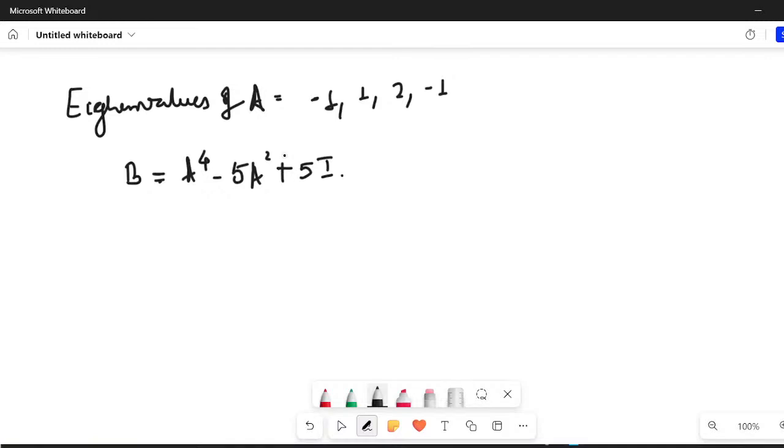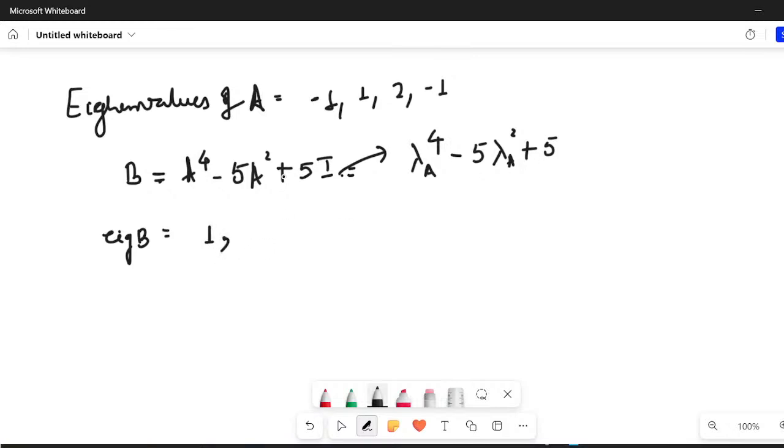Okay, so if this is the case, then to find the eigenvalue of B, if I place the eigenvalue of A, it will be lambda raised to power 4 minus 5 times lambda A whole square plus 5. Now if I place this, the eigenvalue of B will come out as 1 minus 5 plus 5, which is simply 1.